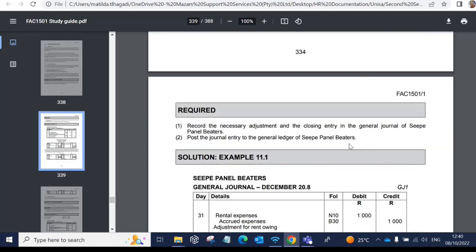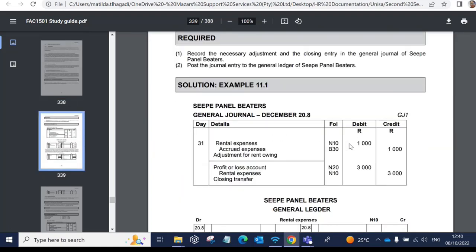So I'm going to give you another example. Let's say electricity for 12 months is 12,000, and now it's the financial year end. Every month we get an invoice from Eskom. In this example, we're just estimating that our electricity bill as the business is 1,000 rand per month.